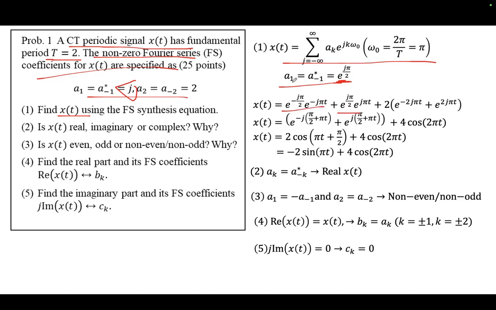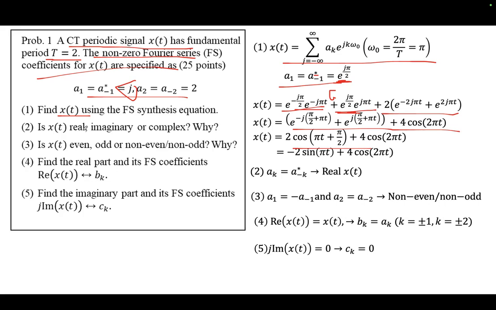This is just A1, A negative 1. Since it is conjugated, the A negative 1 should be negative e to the negative G here. Many students make this mistake. This one is easy, and you can get this step by step.